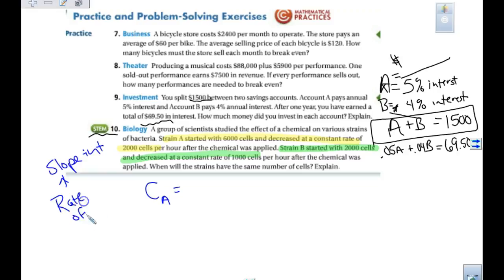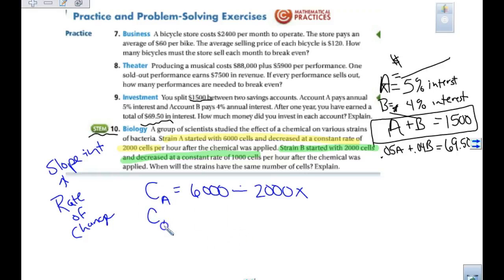So anytime you see rate of change, that is like a red flag to go slope intercept. So the cells in A, what happened, Kylie? We did what? We started, what's our intercept? We started at 6,000 and we are decreasing, minusing what? 2,000, maybe you want to use X here, right?